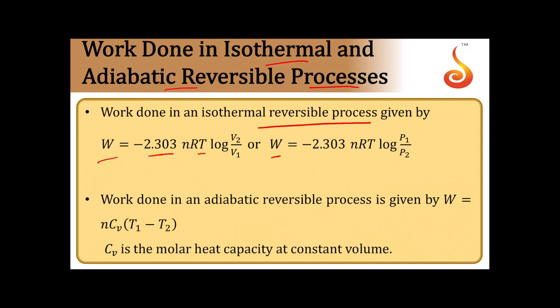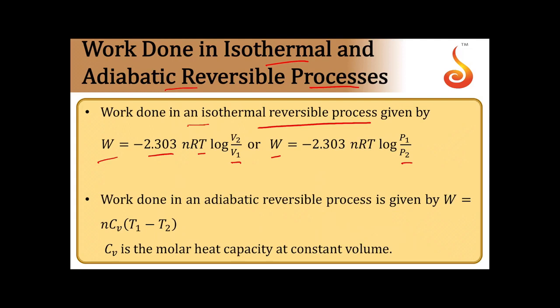We know that volume is inversely proportional to pressure, and therefore we can replace V2 by P1 and V1 by P2. So any of these two can be used to find out the work done in isothermal reversible process.